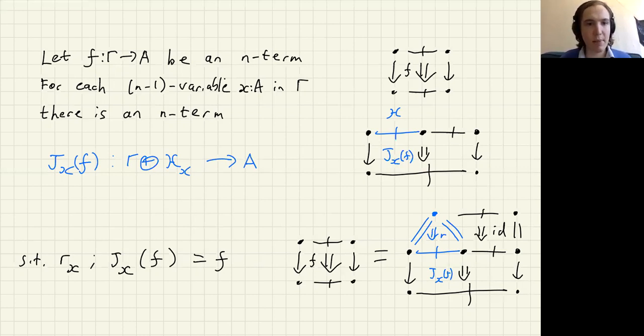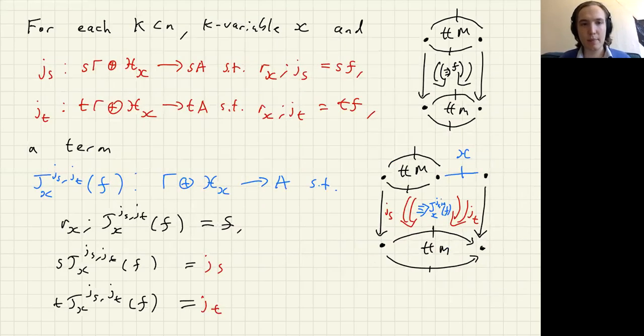If x is not an n-1 dimensional variable, but is actually a k-variable, with k less than n-1, then if we start off with a term like this on the right, and suppose we add a homomorphism type to the source pasting diagram of this term at the top, well then the new term that we're interested in will have a source and a target n-1 term that also have that added identity type in their source and target, in their source context.